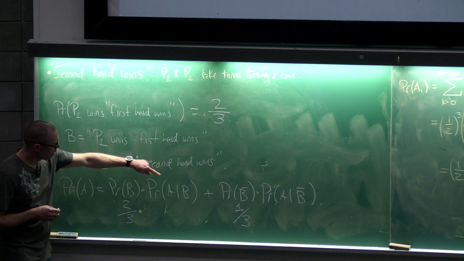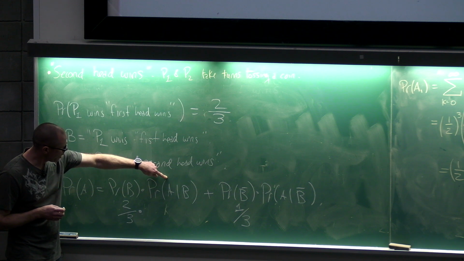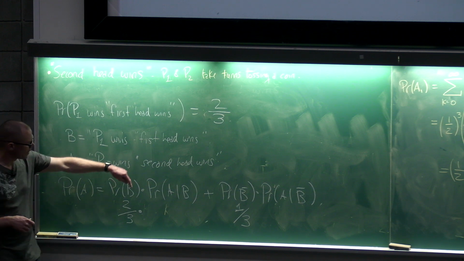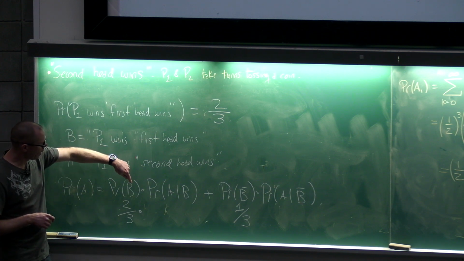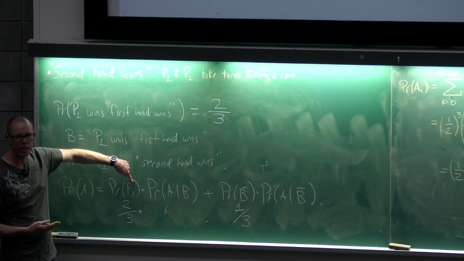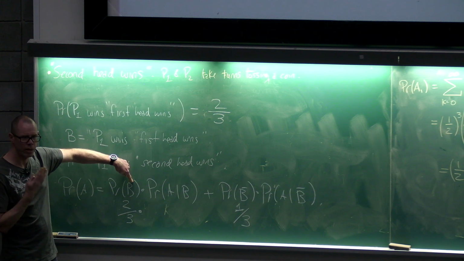Now, probability of A given B. So that means they've been tossing coins for a while, and player one just won the game. He just made the first coin toss. That's what B means. He won this thing. So he got the first coin toss that came up heads.